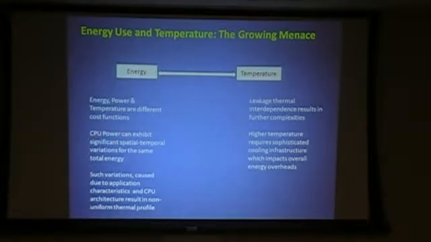CPU power is a very important aspect that we see in computer engineering. The power that a CPU dissipates exhibits significant temporal and spatial variations, and this is a challenge, but also an opportunity to us, as I'll discuss subsequently. There is a leakage thermal interdependence, as we mentioned. Higher power causes a higher temperature, and higher temperature causes higher leakage. This is a problem for us. Also, when computer systems exhibit higher temperatures, you have to use some sophisticated cooling technology, for example, crank up the air conditioning.